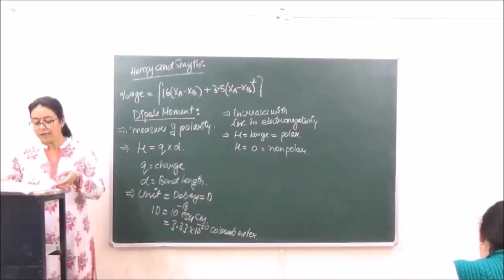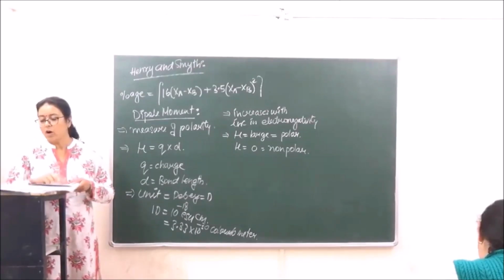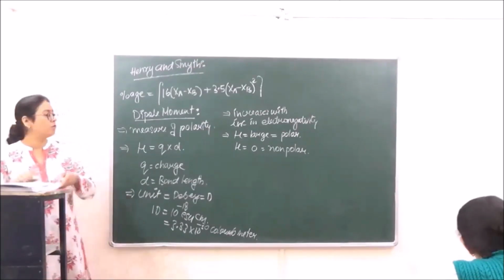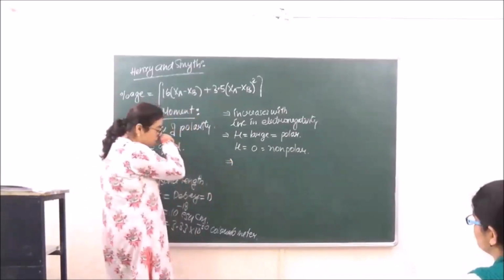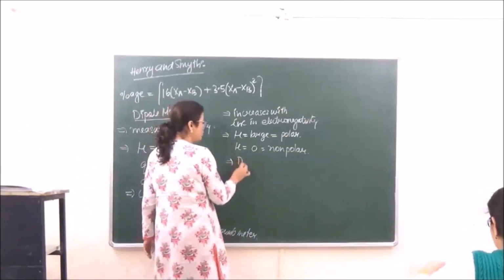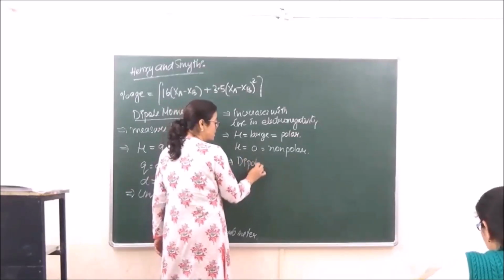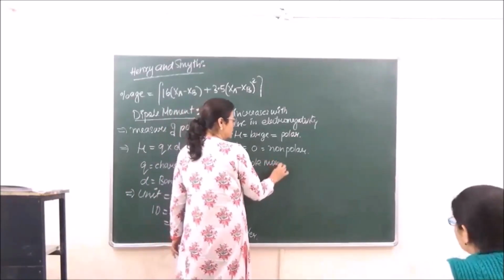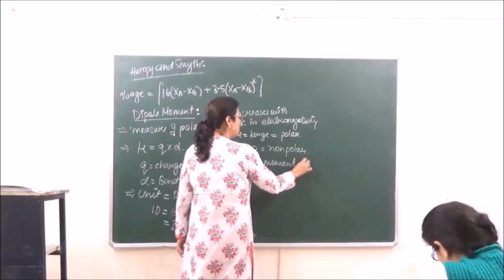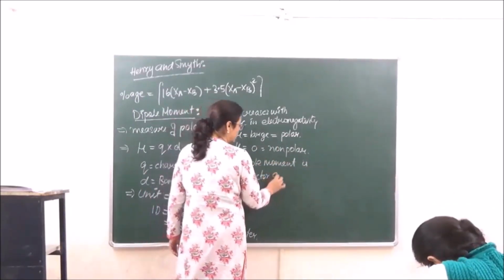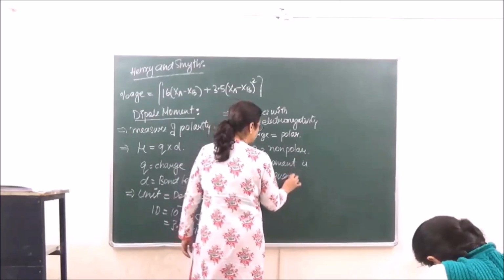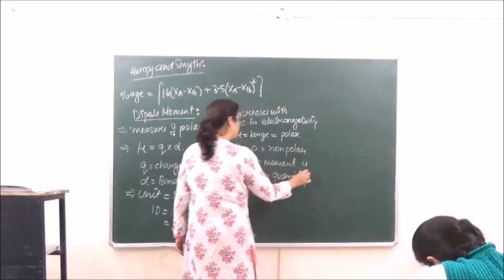Now while calculating the value of D or manipulating the value of D, we have to keep one thing in mind. We say that the dipole moment is a vector quantity. Okay?